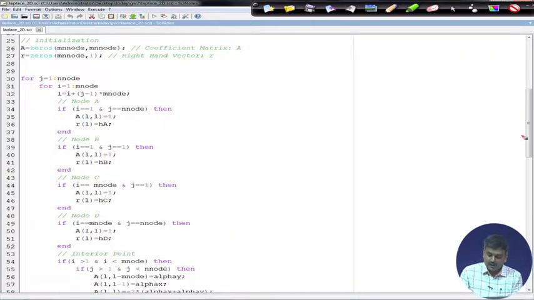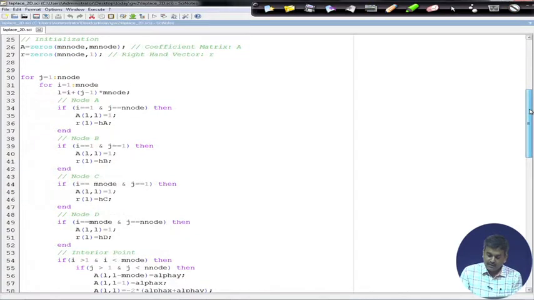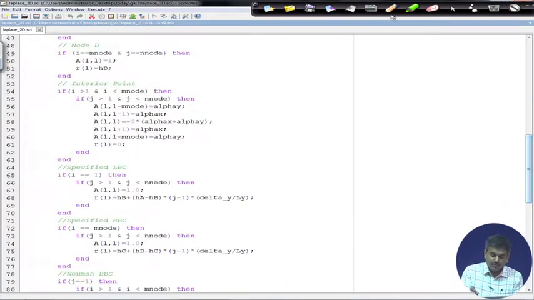Next level is defining the interior nodes.